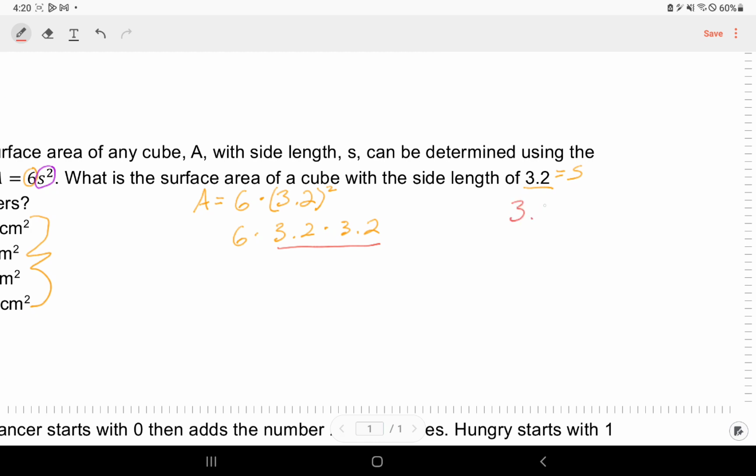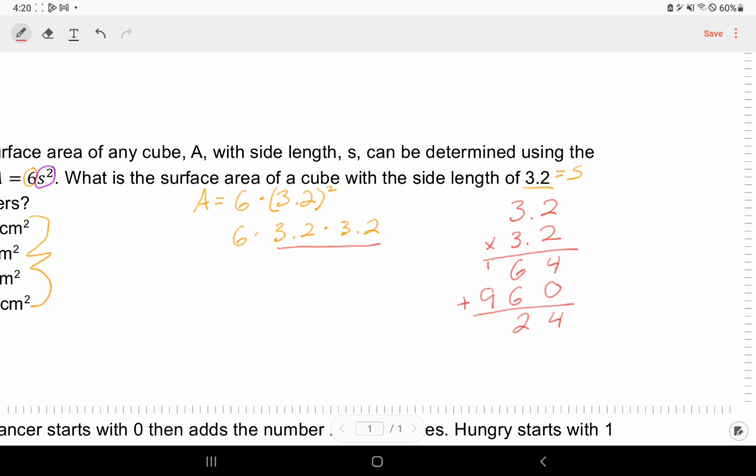I'm going to go 3.2, 3.2. Well, 2 times 2 is 4. 2 times 3 is 6. Placeholder. 3 times 2 is 6. 3 times 3 is 9. Add. 4 and 0 is 4. 6 and 6 is 12.